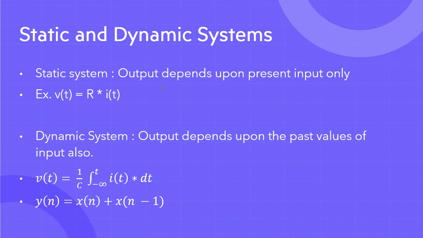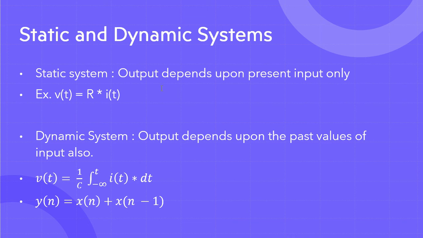And it is quite easy to determine if the system is static or dynamic, because how do you see it? Whenever you see any integration sign, a differentiation sign, or any delay, right? Or even a summation sign, sigma sign, all those signs direct you toward the dynamicity of your system.